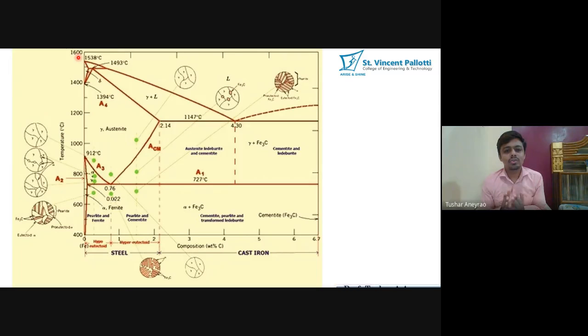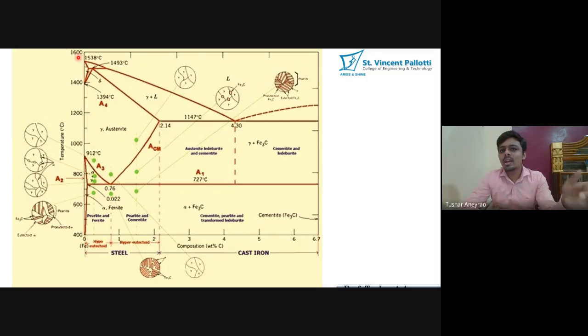The most useful phase is cementite, because it gives hardness, and it is very difficult to find a material which is both hard and soft at the same time. That's why we are studying the iron carbon diagram. The amount of variation in physical properties that we get in the iron carbon mixture is not possible in any other type of steel or alloy.